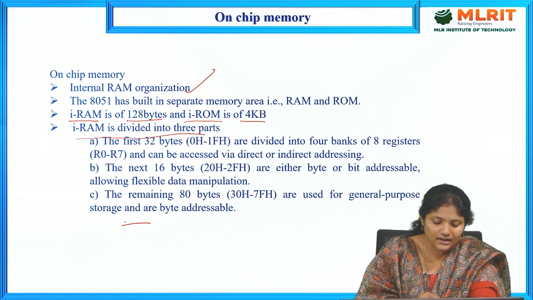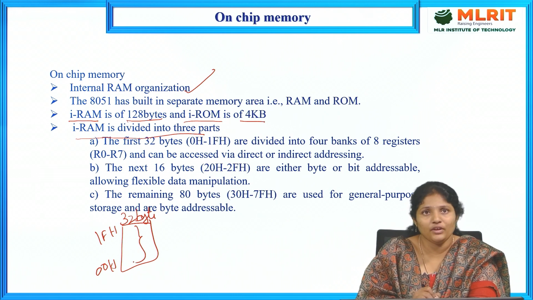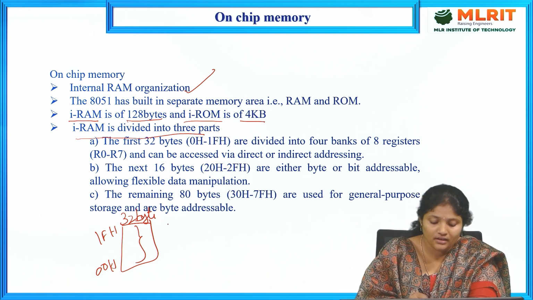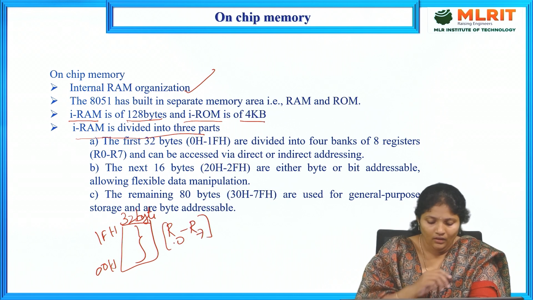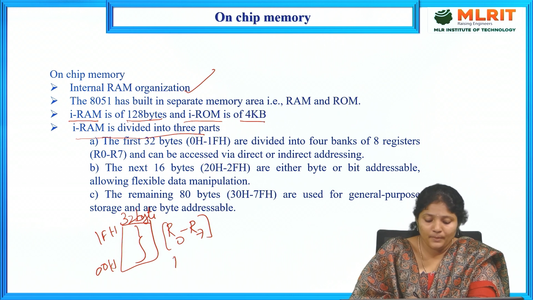The first part has 32 bytes, from 00H to 1FH. These 32 bytes of locations are reserved for the registers R0 to R7. In the previous video, I already told that there are 4 memory banks in the 8051 microcontroller, bank 0 to bank 3.